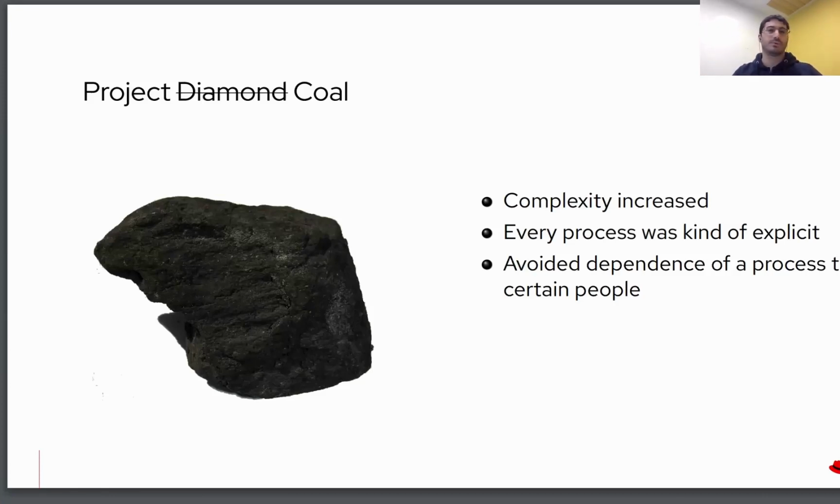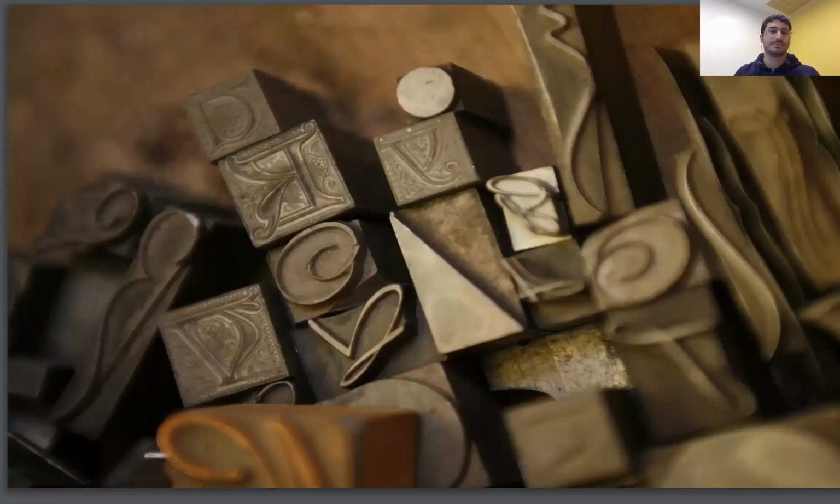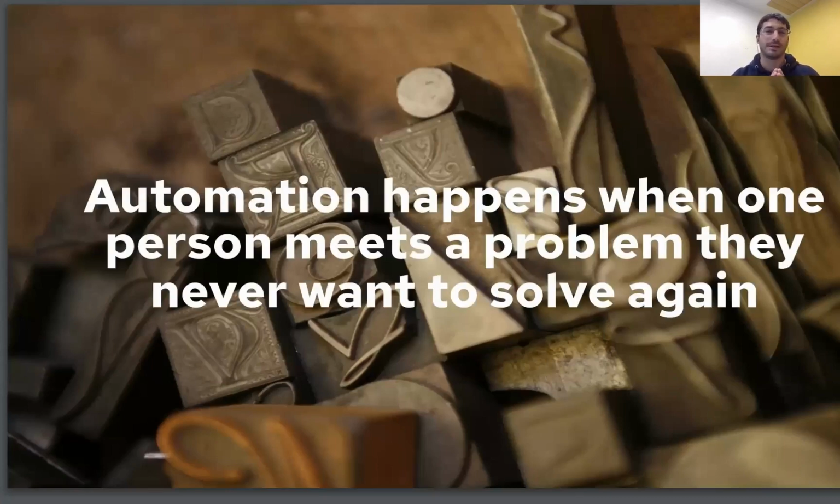So what they discovered was that if you tell people to automate, or even if you don't tell people to automate, people will automate things when they meet a problem that they never want to solve again, which does not mean that they will try to automate everything. They will just try to automate the things that they don't want to do. And that is a little bit the issue with automation if it's not properly organized.